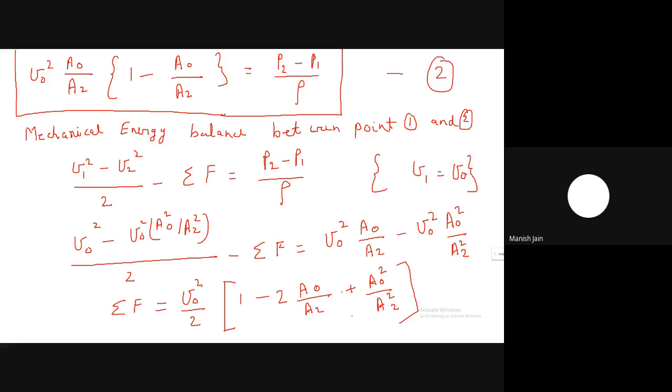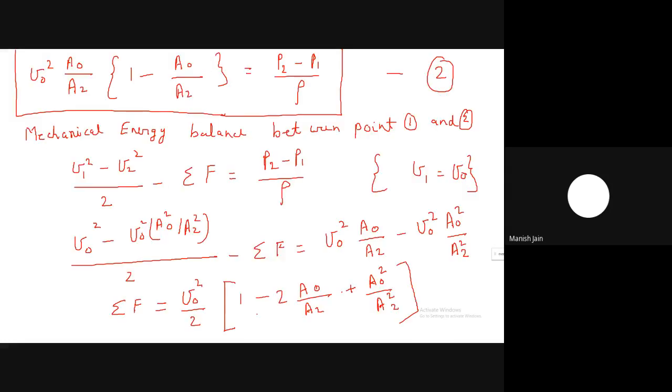Okay? Now this should be equal to sigma f, that should be equal to V0 square by 2 in bracket, and it will become A square plus 2AB plus B square, A square minus 2AB plus B square.